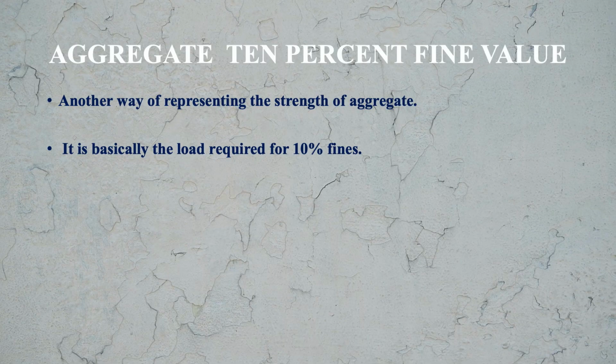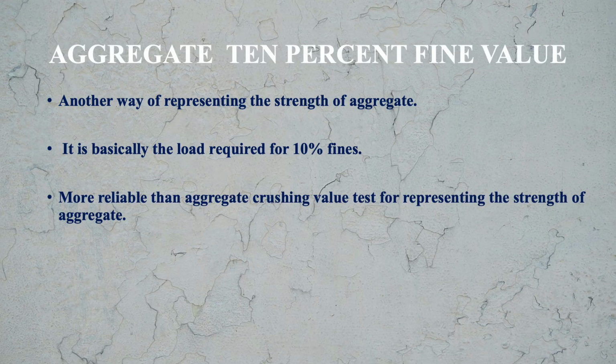It is basically the load required for 10% fines. Here we are focusing on getting 10% fines because of that loading. It is more reliable than the aggregate crushing value test for representing the strength of the concrete.